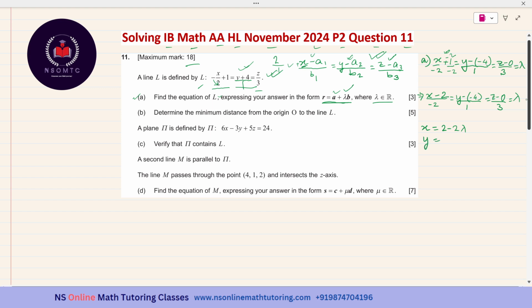Similarly, y minus minus 4 equal to 1 times lambda, which is lambda, so y equal to minus 4 plus lambda. And z will be equal to 0 plus 3 lambda, which is 3 lambda. So these are the three parametric equations.